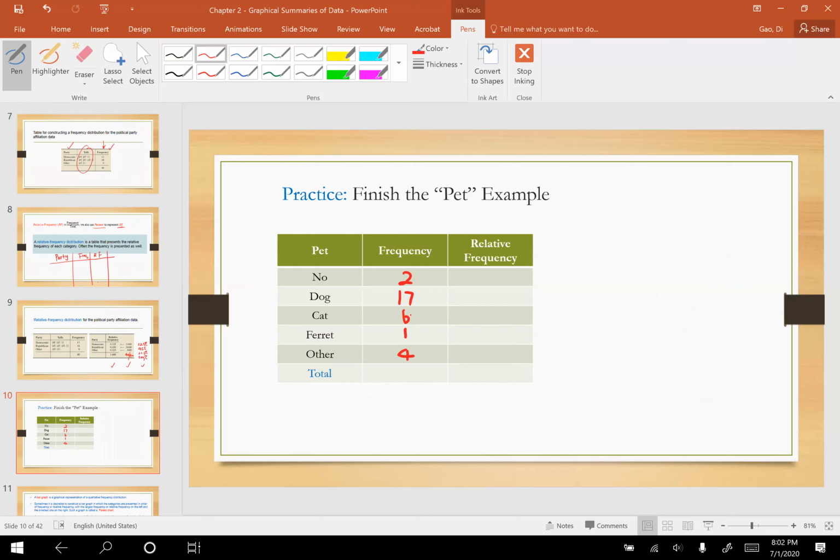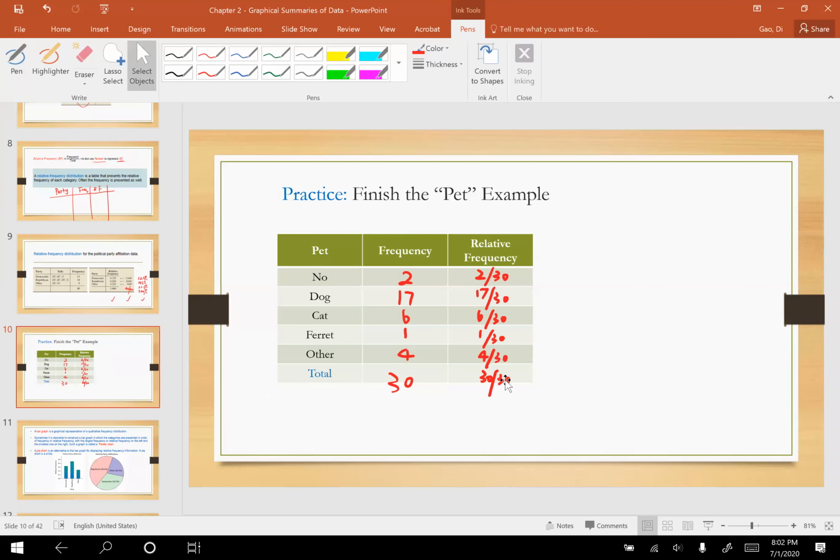Now let's see whether it adds up to 30. It does, so that's correct. And for relative frequency, we can just write 2 divided by 30, 17 divided by 30, 6 divided by 30, 1 divided by 30, 4 divided by 30, and 30 divided by 30. So this is a valid frequency distribution.